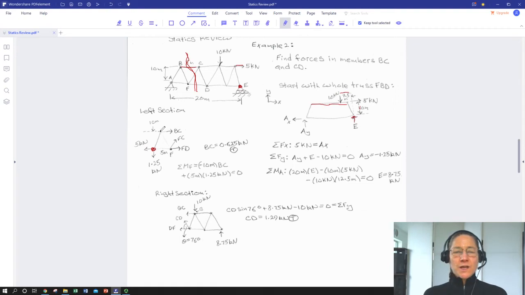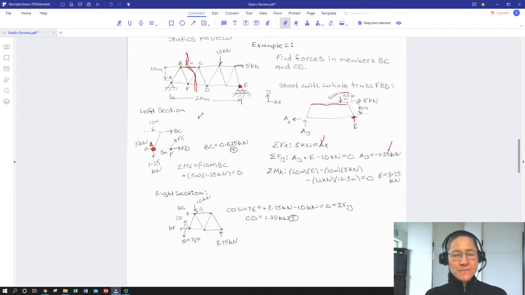So when we cut through a member, we replace it with the force that it would impose on the remaining section. So here's point A down here, and we can take the vertical and horizontal support reactions that we solved for and apply them to point A. And we just got some geometry, and then we have BC, FC, and FD representing the forces due to the members that we cut away.